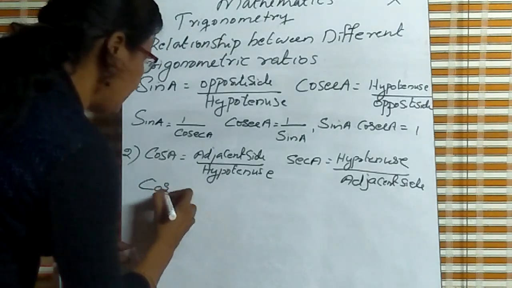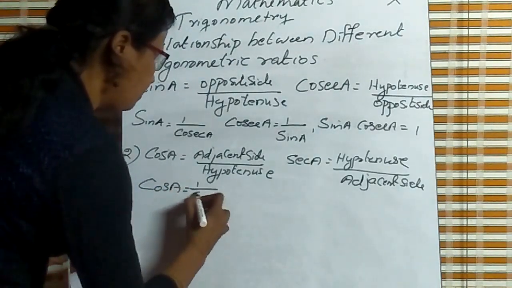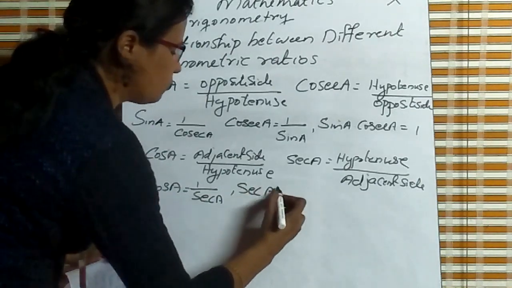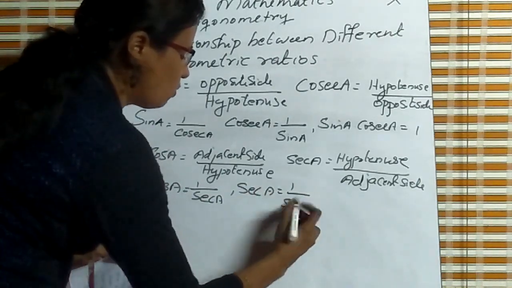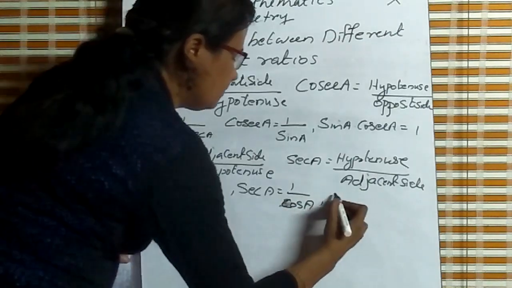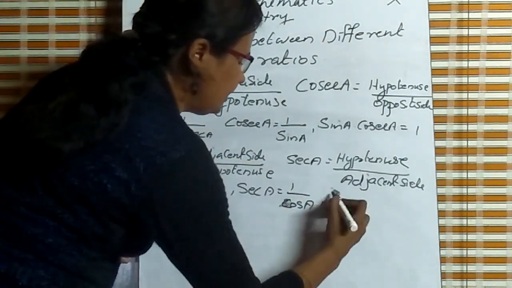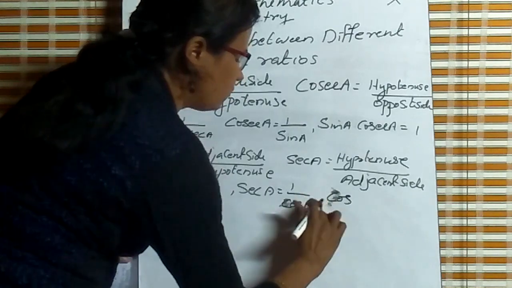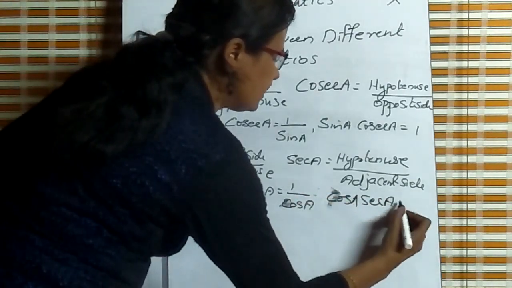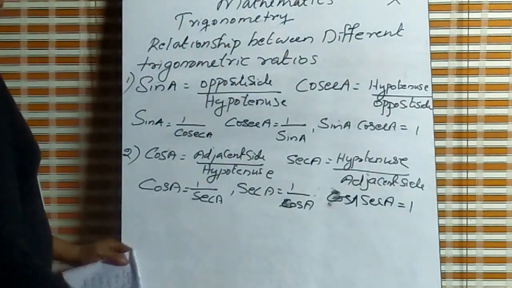So, cos A is equal to 1 by sec A, sec A is equal to 1 by cos A. Therefore, cos A into sec A is equal to 1.